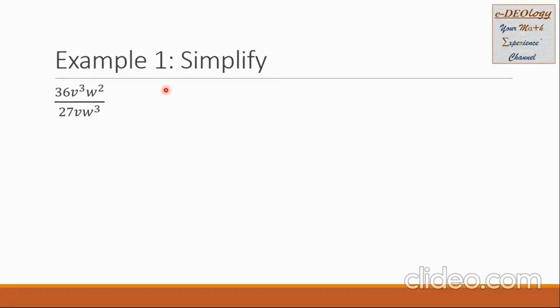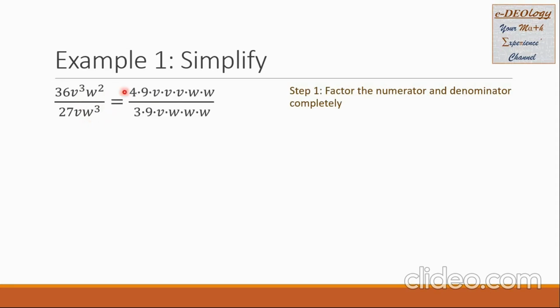Let's have example 1. Simplify 36v cubed w squared all over the denominator 27v w cubed. In step 1, we will factor the numerator and denominator completely. In the numerator, the 36 becomes 4 times 9.